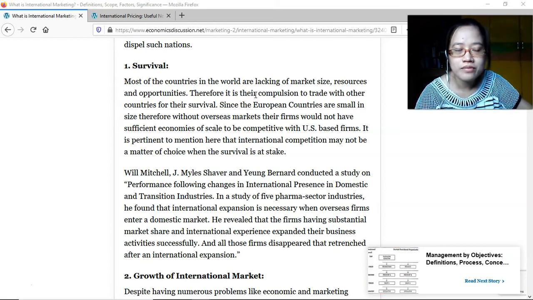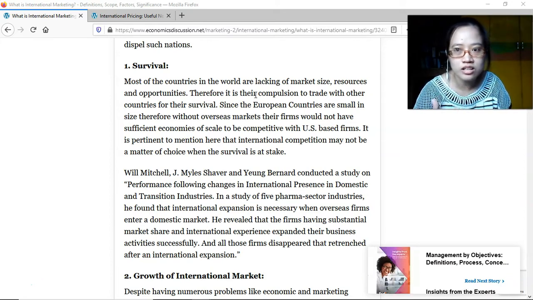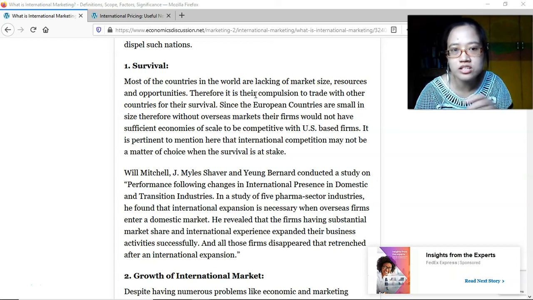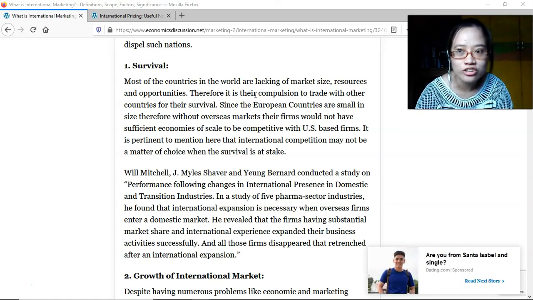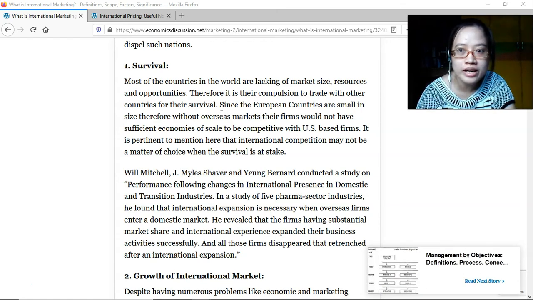Again, there would be countries who don't have a particular resource and another country would have it, and they could do an exchange. And then of course, opportunities. Where there is demand, the opportunity is there normally. Therefore, it is their compulsion to trade with other countries for their survival.